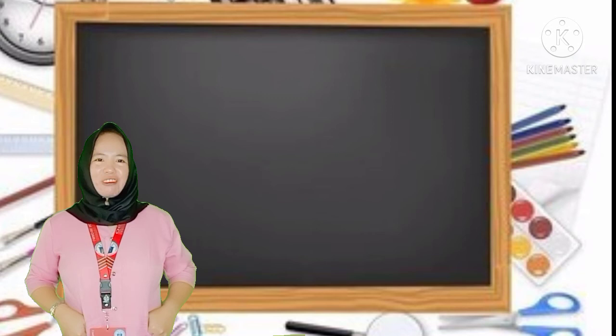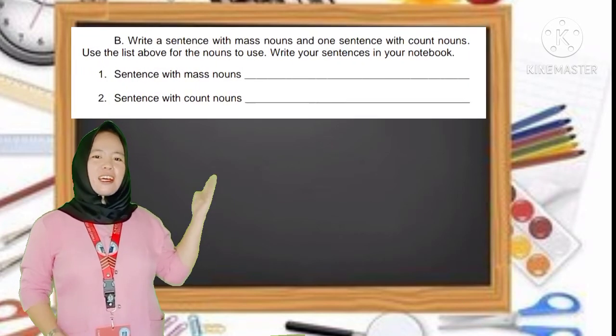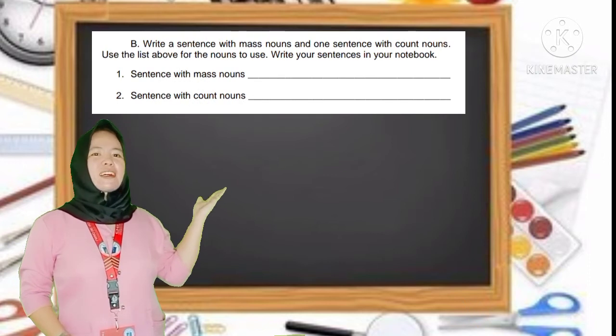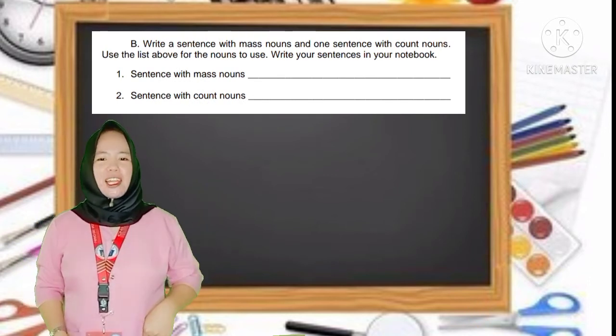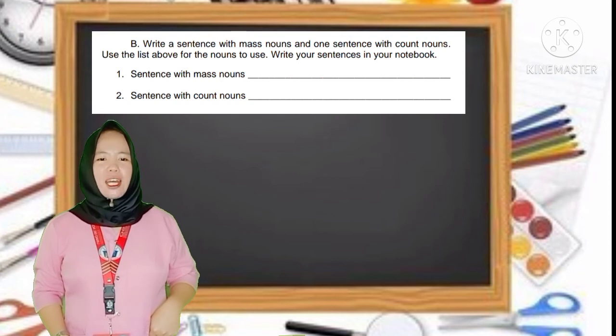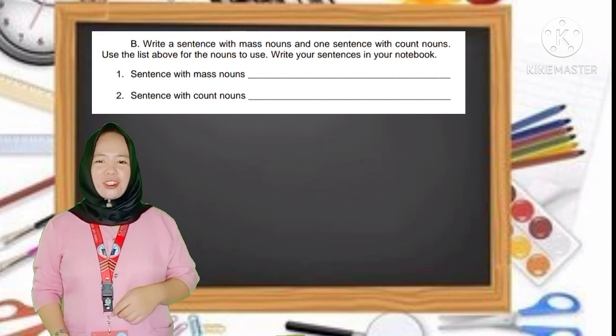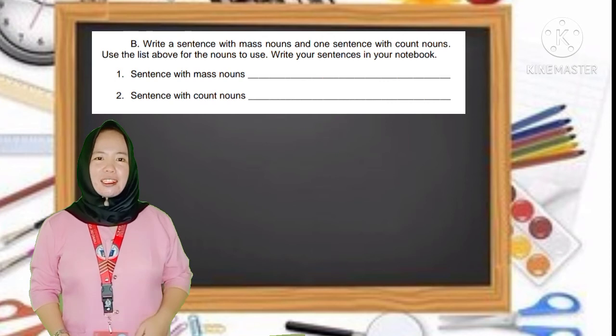Now, for our next activity, write a sentence with mass nouns and a sentence with count nouns. Use the list above for the nouns to use. Write your answers in your activity notebook.